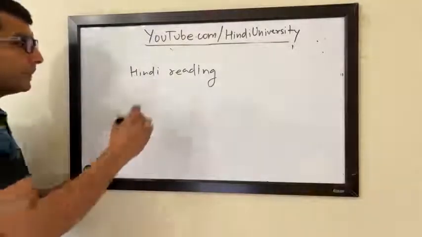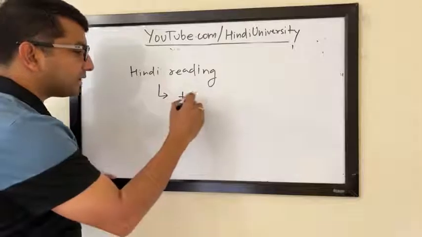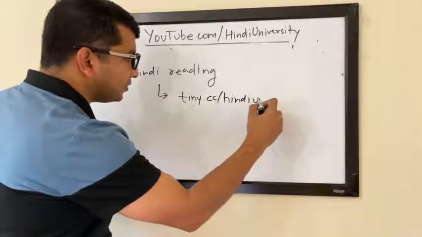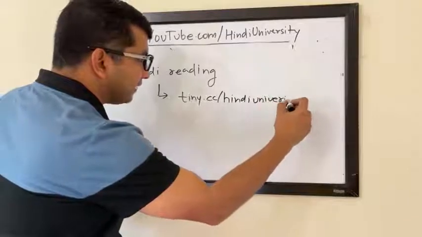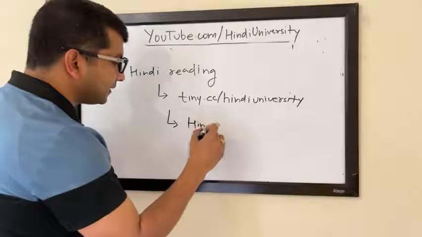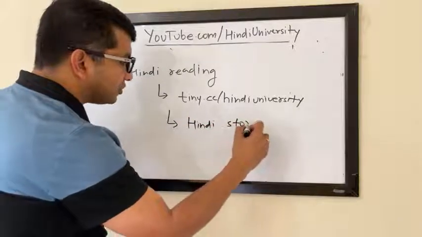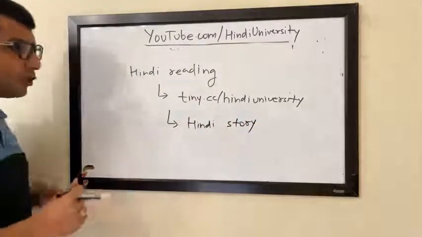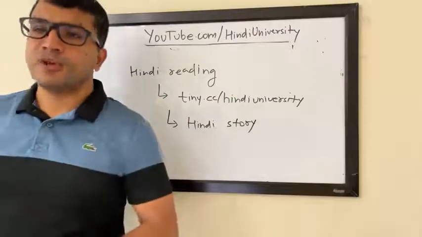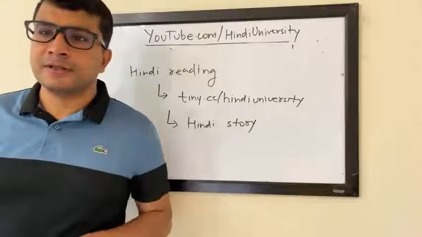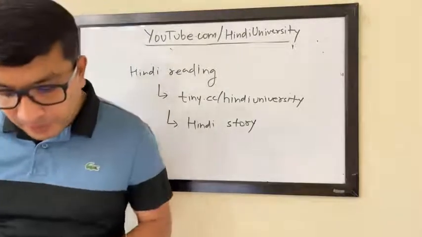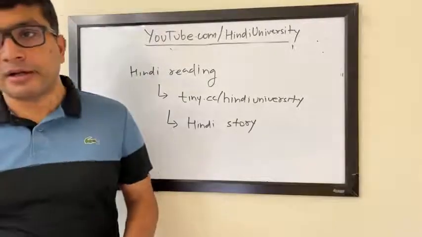Okay, again, all the details, if you go to tiny.cc/Hindi University, on the very first page you have a link for the Hindi story, in which we've been talking about a person called Ron, and the story is revolving around his life, his kids. In the last class we spoke about Ron's daughter Ria. Okay, that she works at a store.